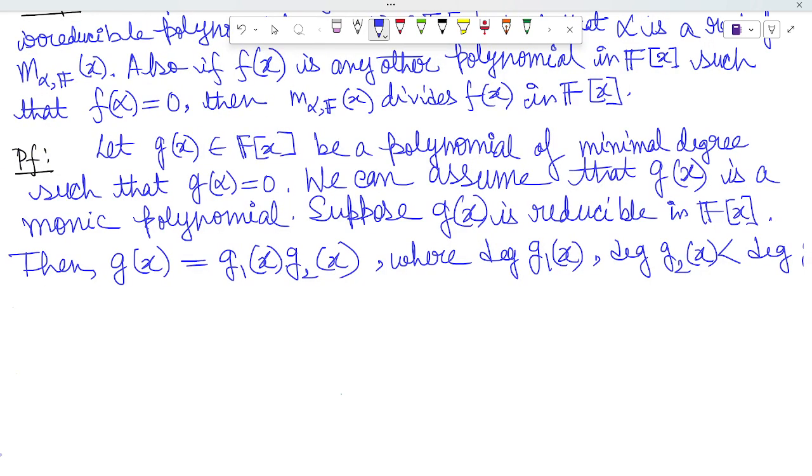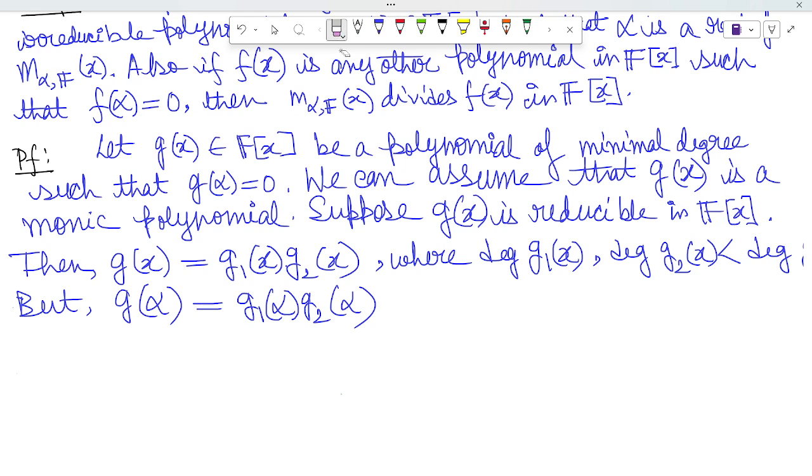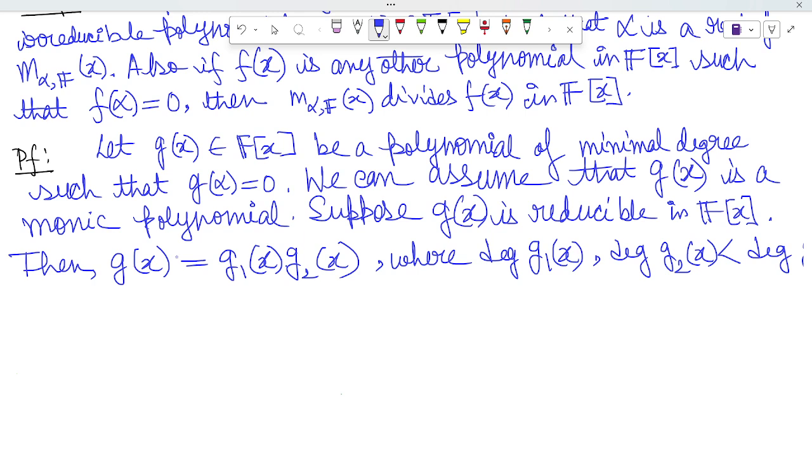Now put alpha on both sides. Then g(alpha) equals g1(alpha) times g2(alpha). For your reminder, g1(x) and g2(x) belong to F[x].